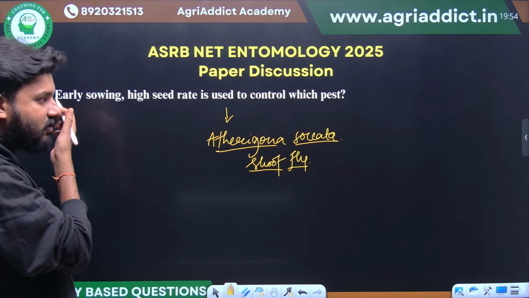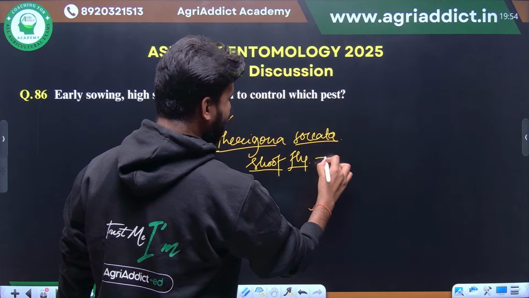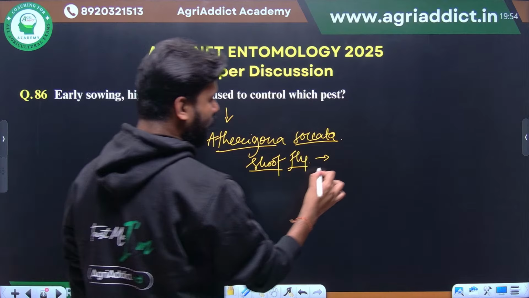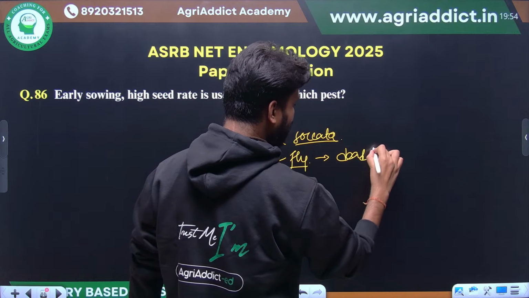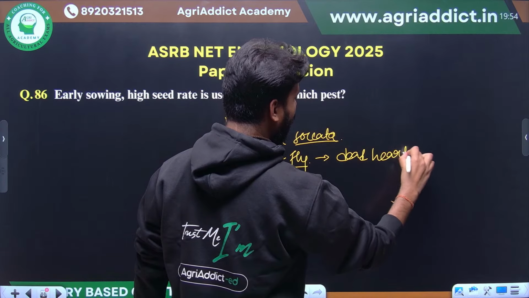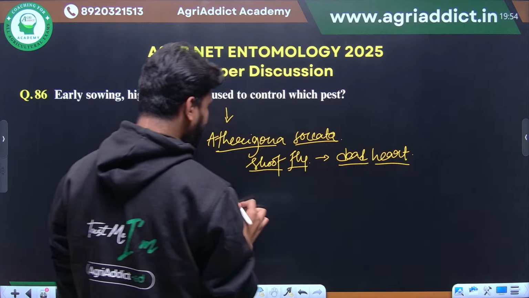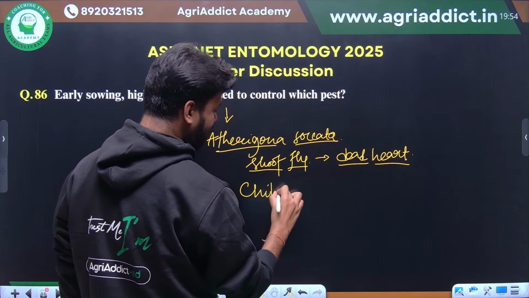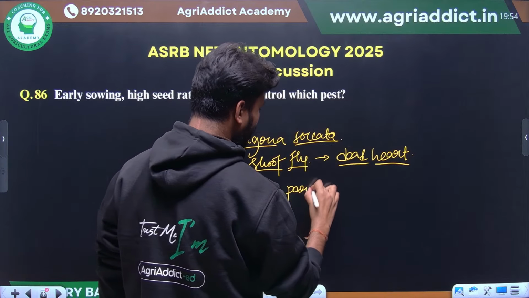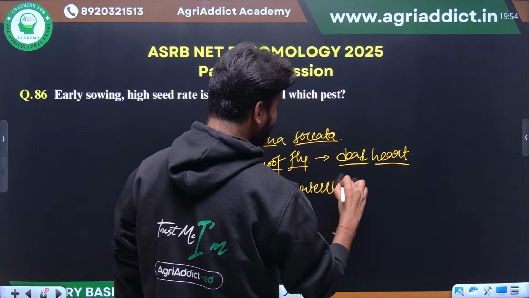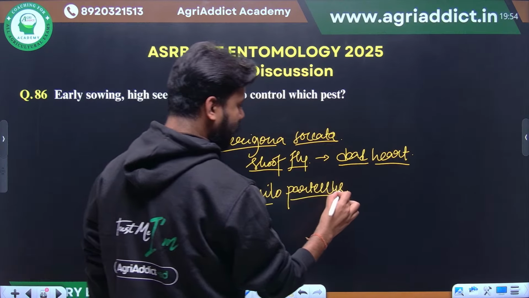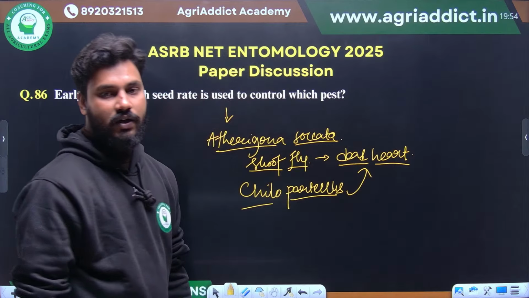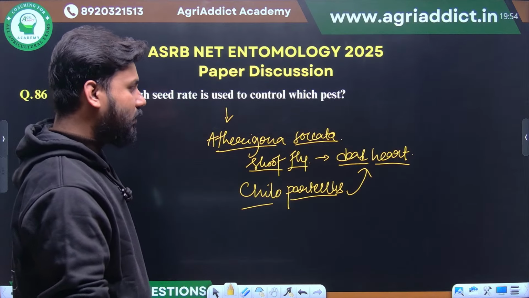Another interesting question can be like, shoot fly also causes dead heart, and sorghum stem borer, that is Chilo partellus, also causes dead heart. Then in field condition, how can you identify?